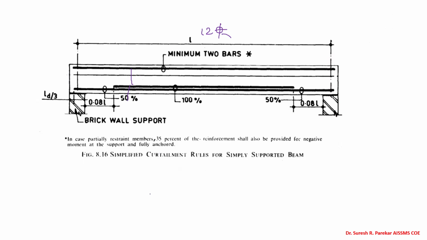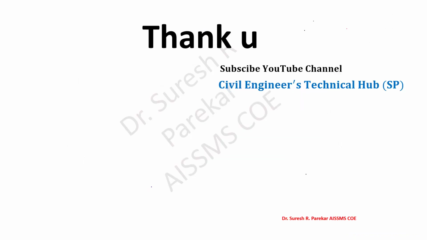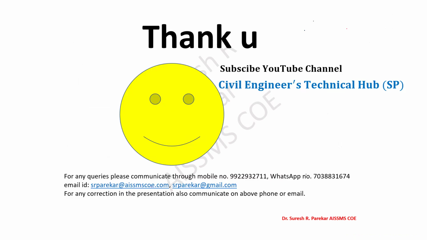Where we have shear reinforcement, I already explained. Likewise, you have to go for this detailing of reinforcement. Keep in mind, this detailing of reinforcement is as per SP34. You can download and go through SP34, so you will be confident about the detailing we have done according to SP34.